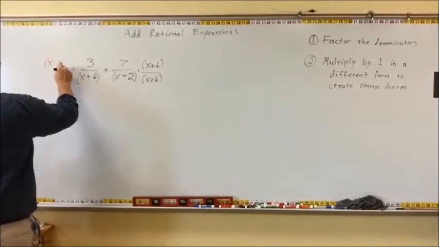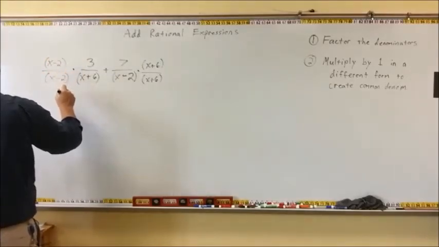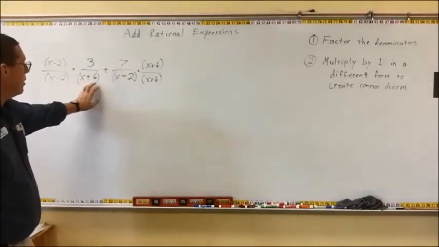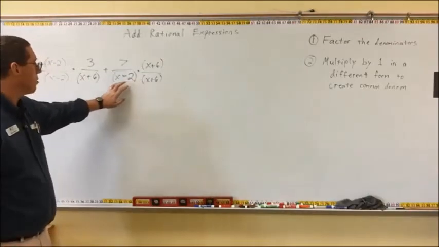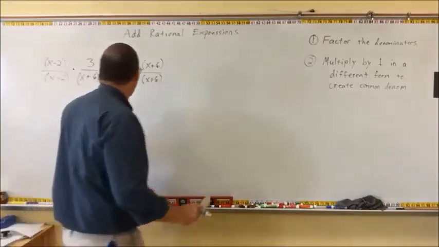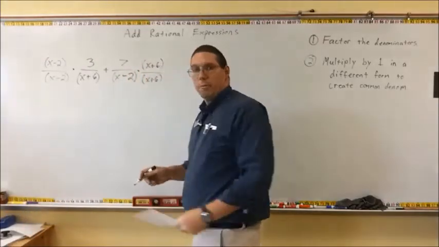X minus 2 over x minus 2. Now, we can introduce an x minus 2 here, and we can introduce an x plus 6 here. And now, we're going to multiply.